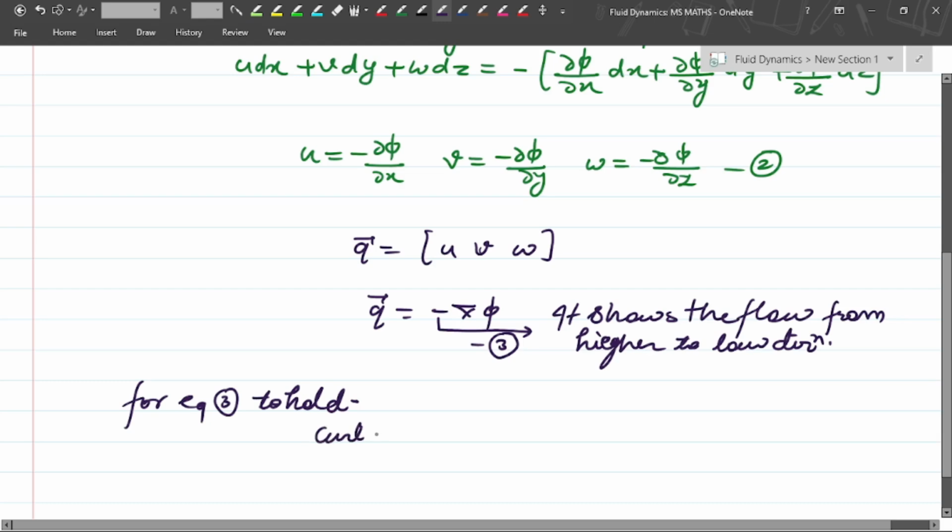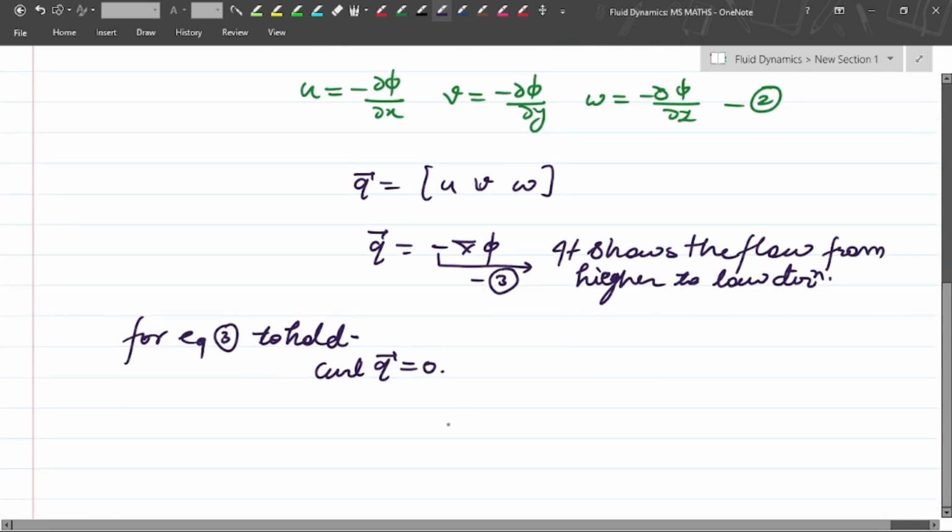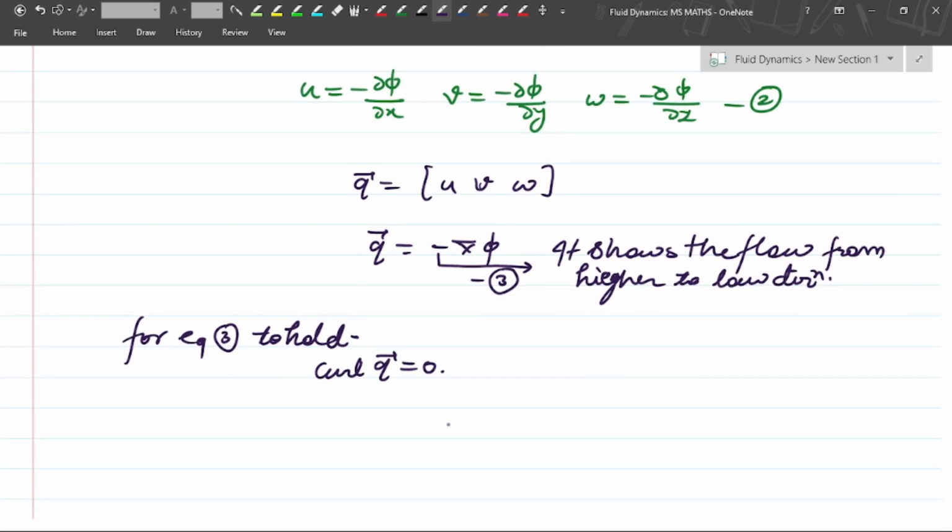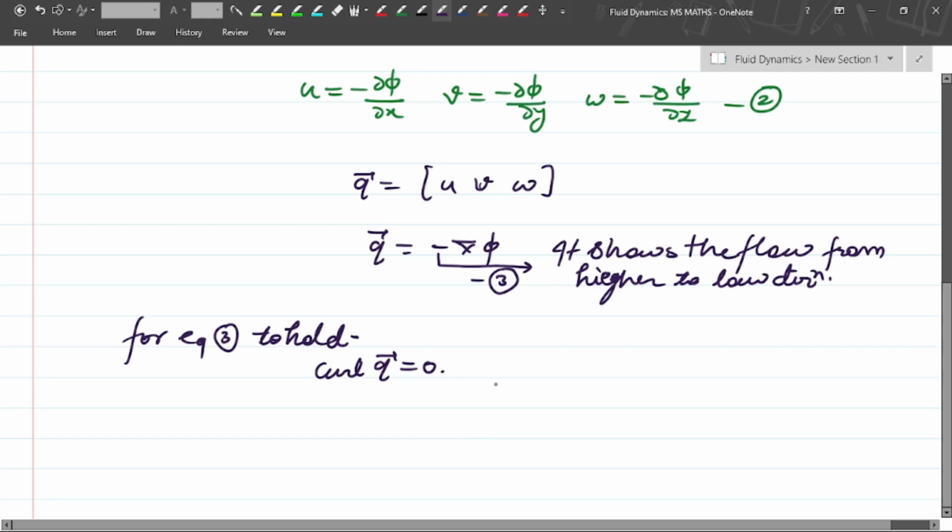curl q vector is equal to 0. In the case of vorticity and velocity, two vectors will be there. There is a property that curl q vector is equal to 0. It means the vector will be irrotational.